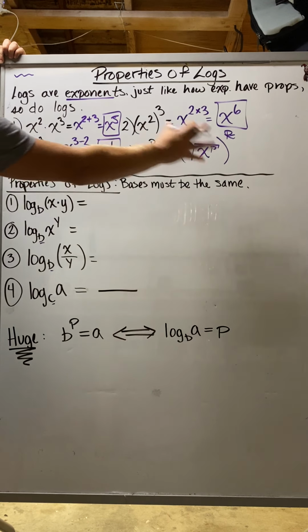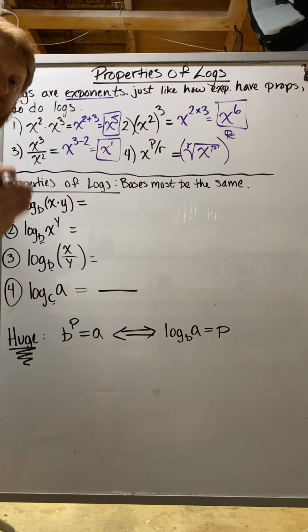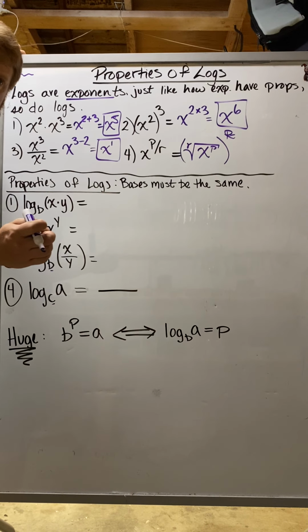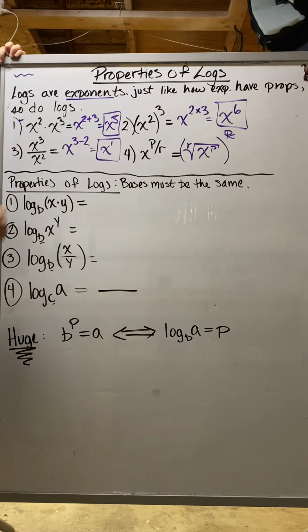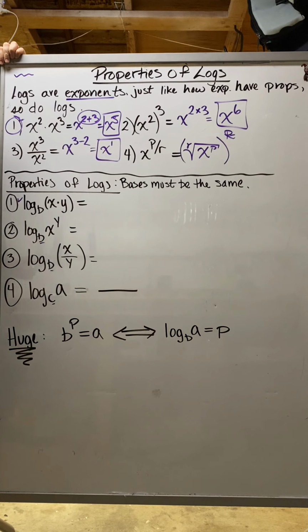Well, which of these properties has us starting out multiplying two bases together with exponents? The first one does, okay? Property number 1. That's why this is property number 1 for exponents and property number 1 for logs. So what did we do? When we had exponents with the same base and they're being multiplied together, we added their exponents.